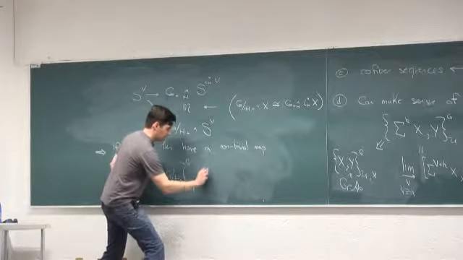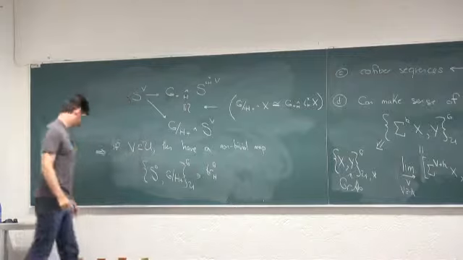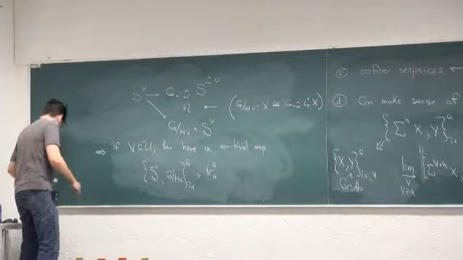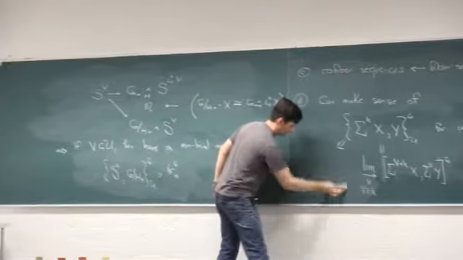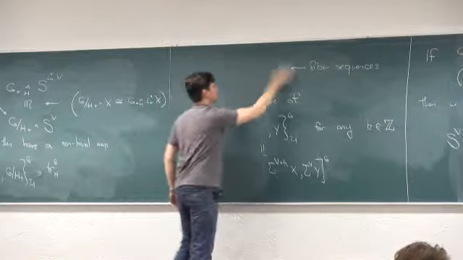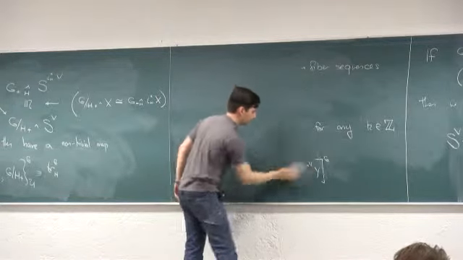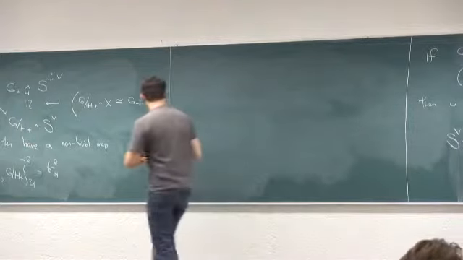So I'm going to name this element. I'm going to call it the transfer from H to G. And the amazing result, which I'm not going to prove, but I'll just invoke in this case, is the following.